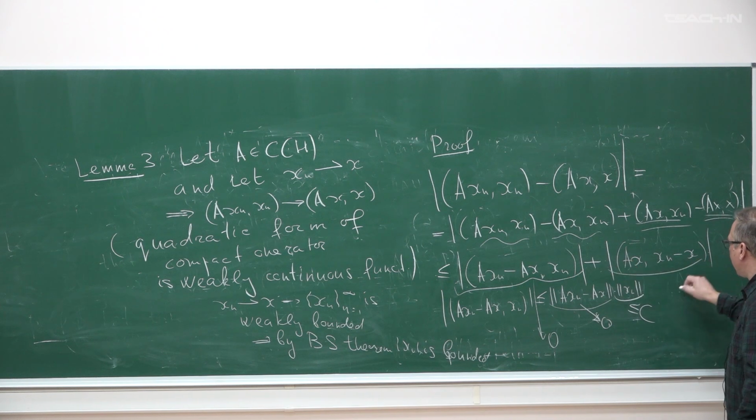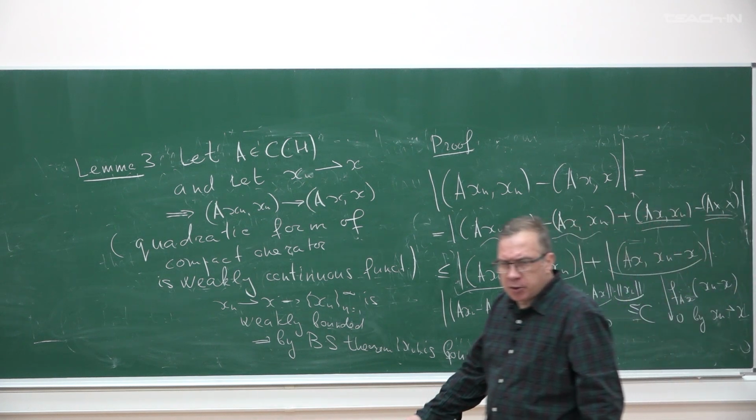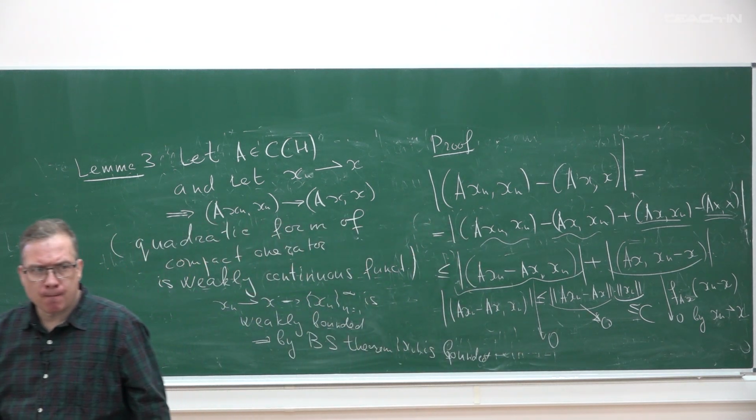This is the functional which arises by element Ax acting on xn minus x. So it goes to zero by weak convergence. By definition of this notation, it is clear. It's a functional which is generated by element Ax. It is a continuous functional in Hilbert space.